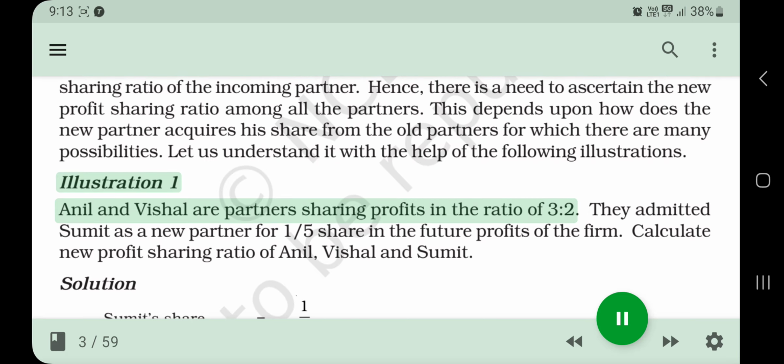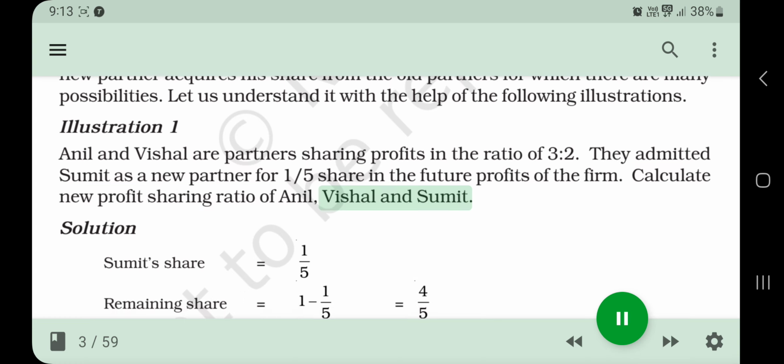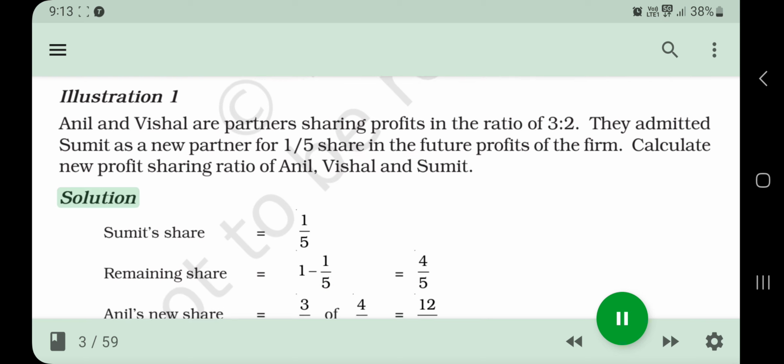Illustration 1. Anil and Vishal are partners sharing profits in the ratio of 3:2. They admitted Sumit as a new partner for 1/5 share in the future profits of the firm. Calculate the new profit sharing ratio of Anil, Vishal and Sumit. Solution.